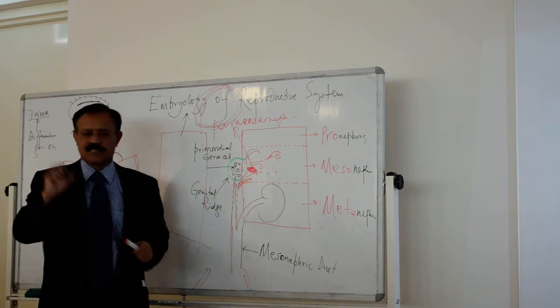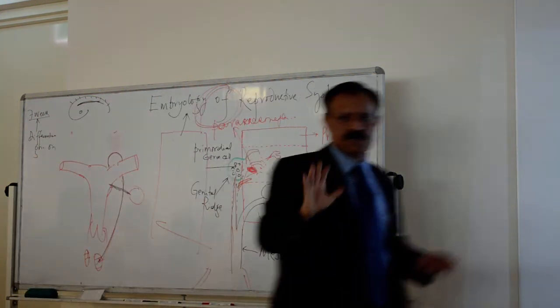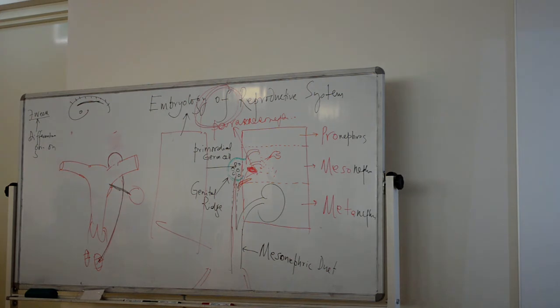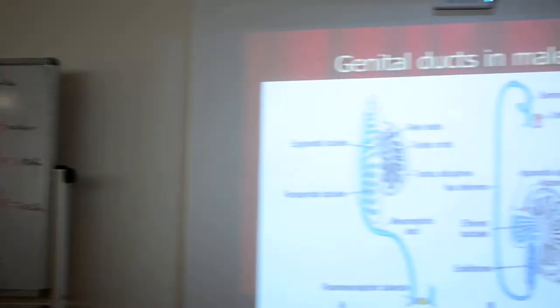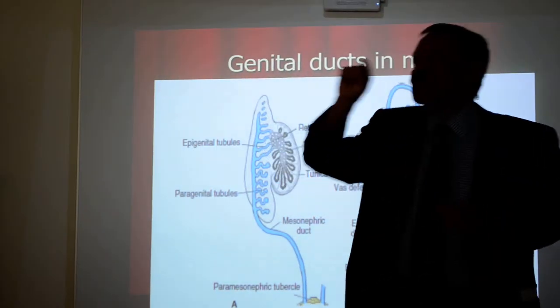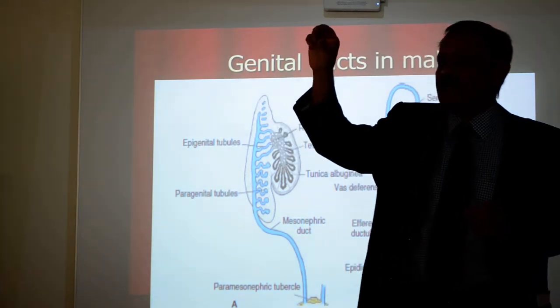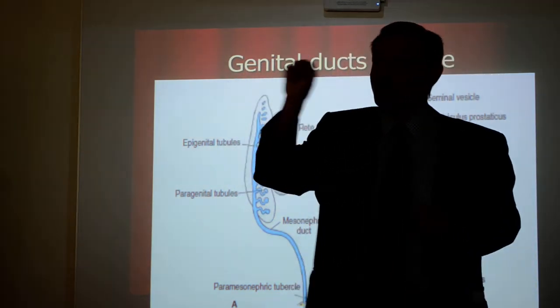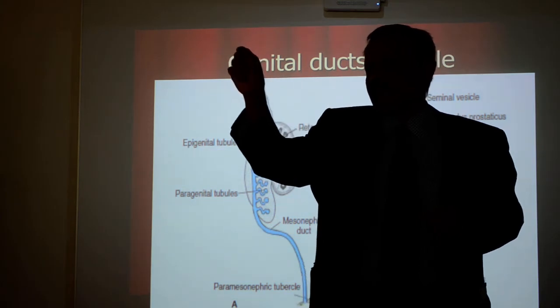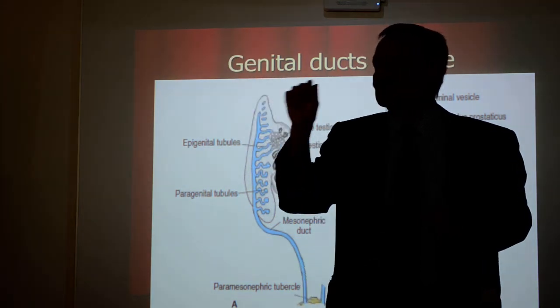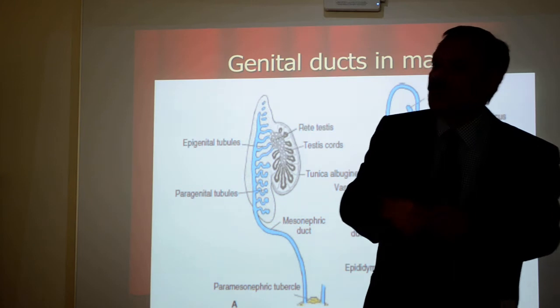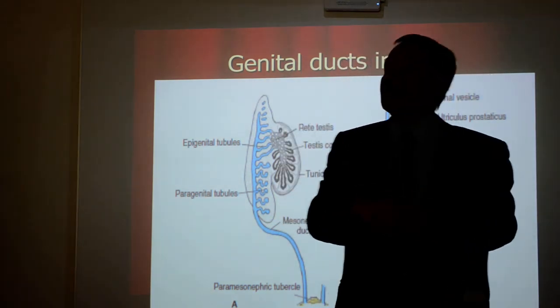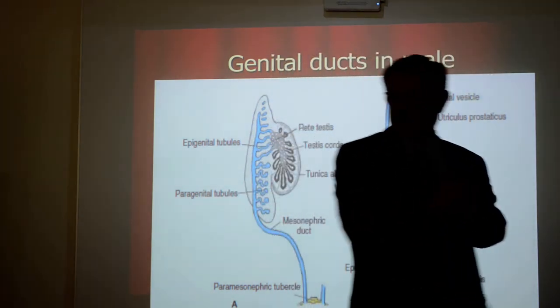This is the terminology we use, but it's very easy to understand. The mesonephric duct is attached to the mesonephros through the tubule. The remnant of the tubule is epoophoron, paroophoron. There's a big name over there, but the main tube, if there is a remnant of that in the female, we call it a Gartner cyst.